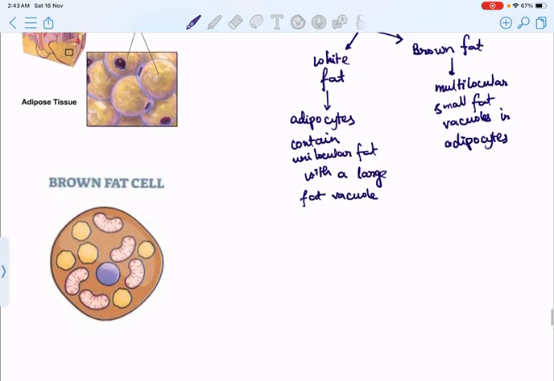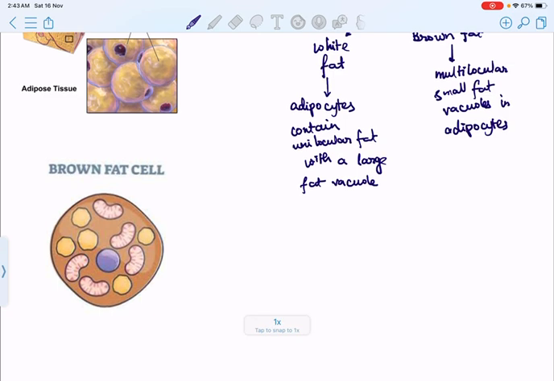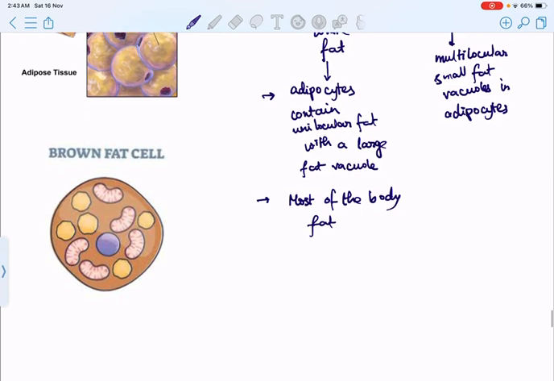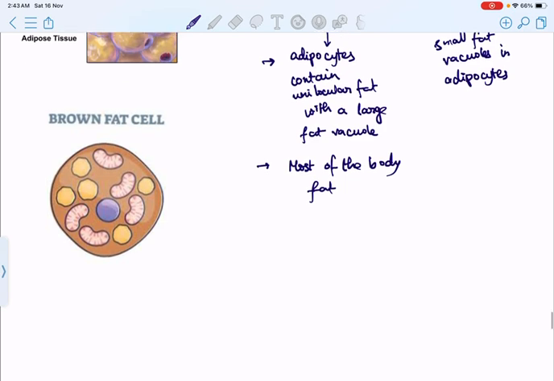Now, white fat is actually present in most of the body fat. Now, you know how there is an increase in fat cells, an increase or accumulation of fat in the body.